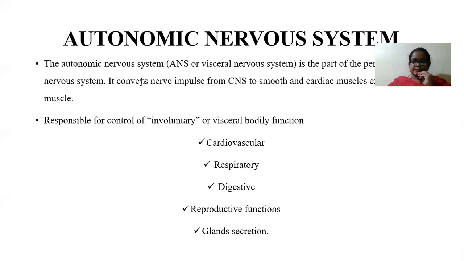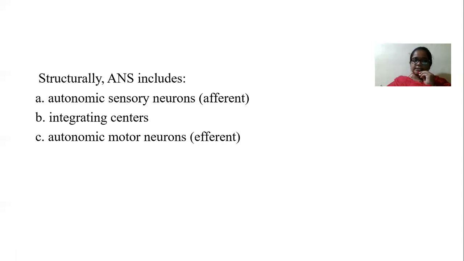Next, structurally, the ANS includes three parts: autonomic sensory neurons, also known as afferent neurons, integrating centers, and autonomic motor neurons, also known as efferent neurons. Autonomic sensory neurons receive sensory information in response to a stimulus. In response to the stimulus, the sensory neurons are activated and nerve impulses are produced, and the sensory neurons carry the information towards our brain region. Then the information is integrated in the integrating centers.